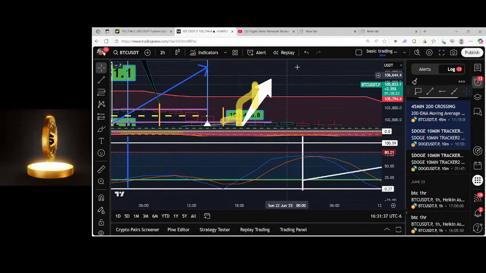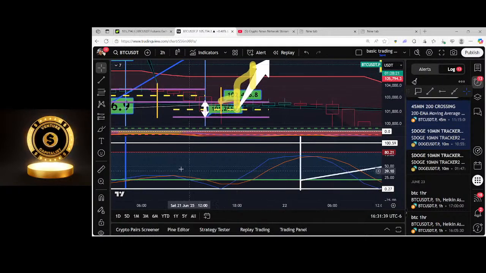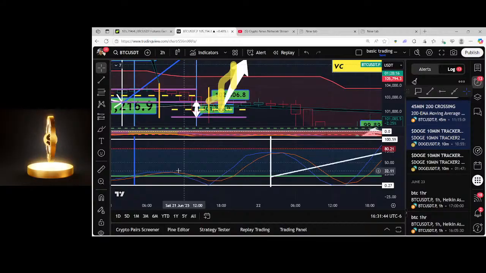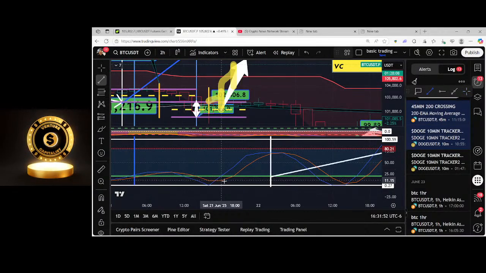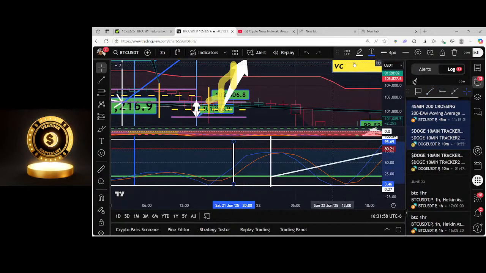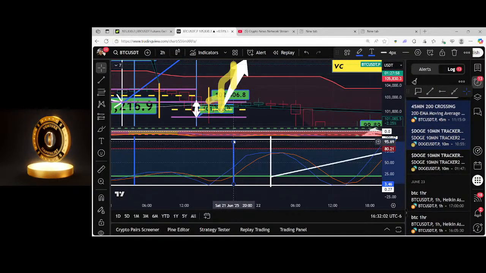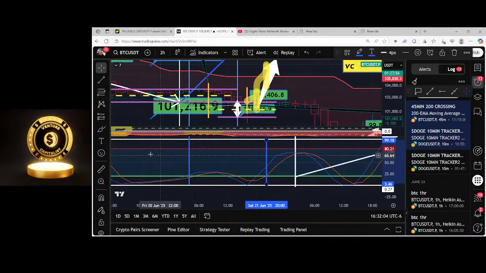This is going to create a bounce, just like a candle getting rejected right down here. So it breaks up, comes back down, and then it has another section right here that it eventually breaks back up through. And that's the 2-hour that we're going to take a look at.